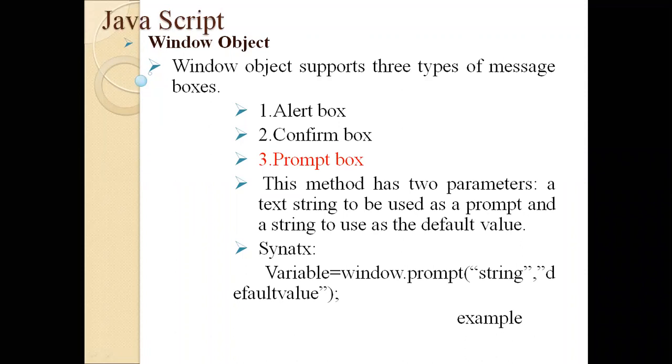So here, before going to the next slide, let us do one example on prompt box, how this prompt box can be created in JavaScript, and how that prompt box will behave in the program, right?